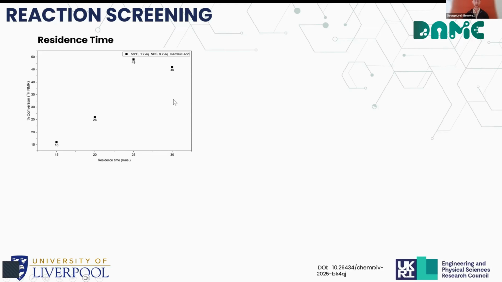As can be seen here, a maximum conversion of 49% could be achieved at a residence time of 25 minutes, with a decrease to 46% when the residence time was further increased to 30 minutes. Although we believe this is more than likely due to hardware restrictions, with the pumps operating at low flow rates to achieve these residence times, rather than something intrinsic to the chemistry itself.